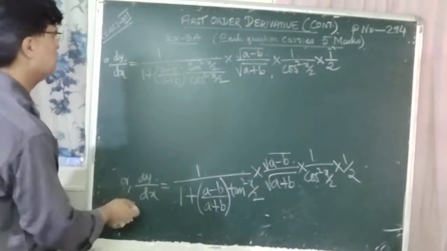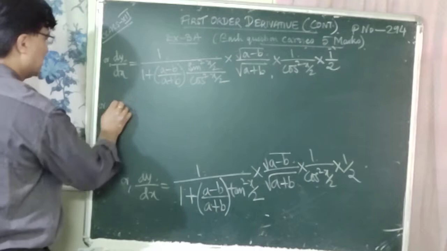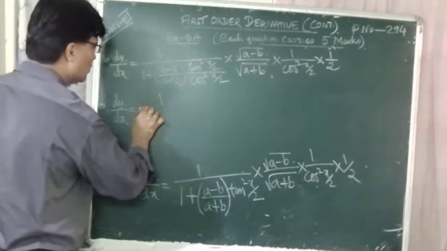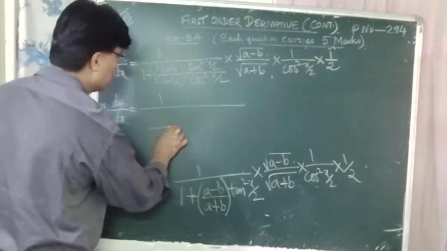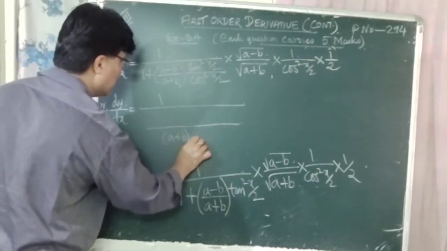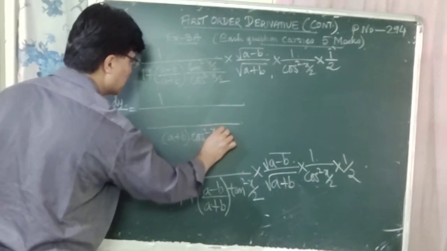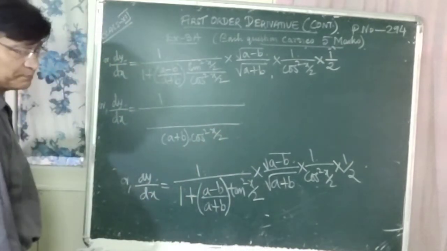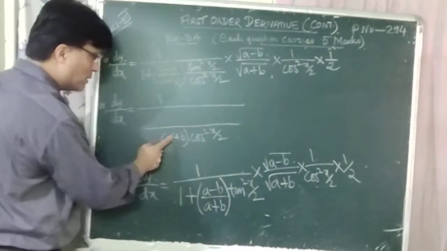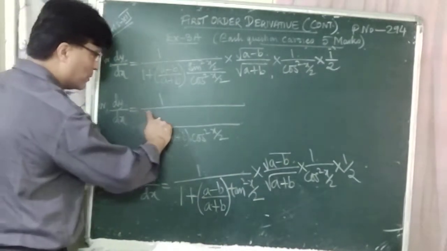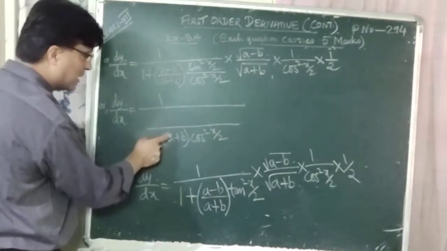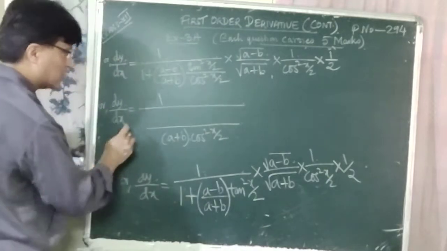So next, dy by dx is equal to 1 upon, what's the LCM here now? So what's the LCM? A plus b into cos square x by 2 is the LCM. Okay. So what will be the expression above this denominator? You have to multiply this one by the LCM a plus b cos square x by 2, right?